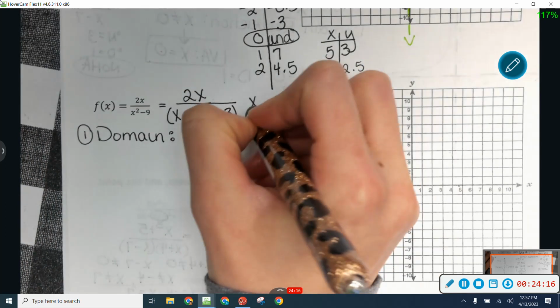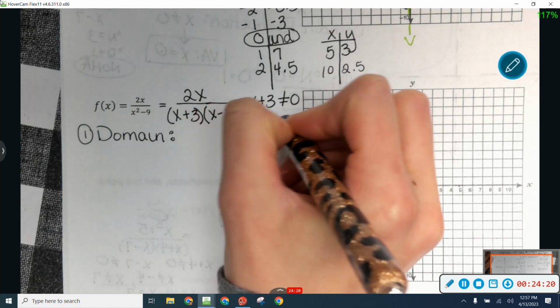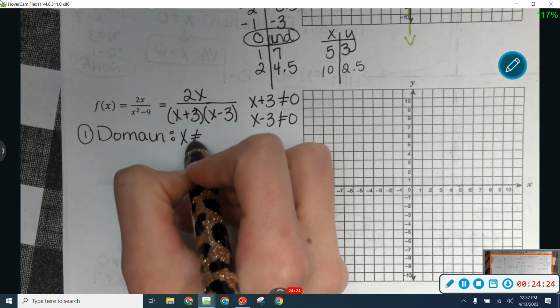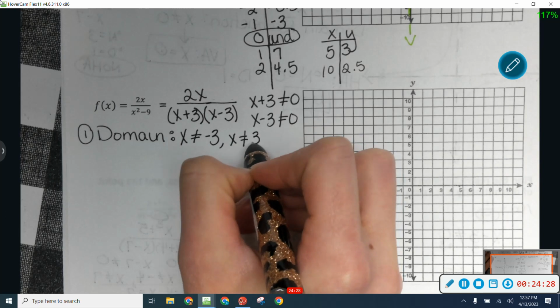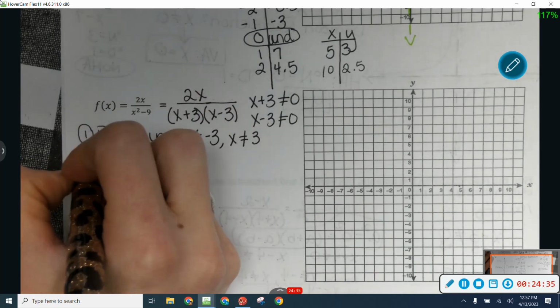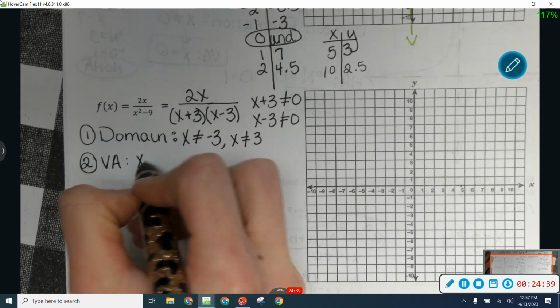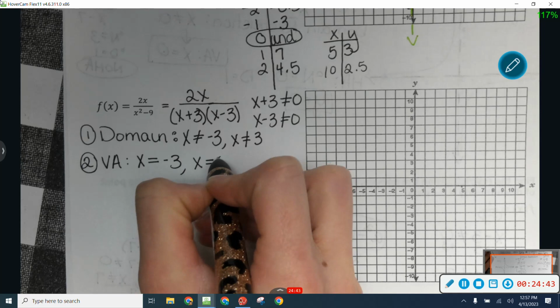If x plus 3 cannot equal 0 and x minus 3 cannot equal 0, what are my two restrictions? X cannot equal negative 3 and x cannot equal 3. So then my vertical asymptotes are what? X equals negative 3 and x equals 3.